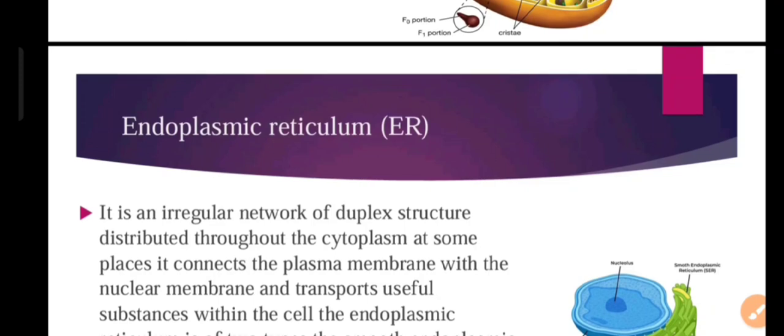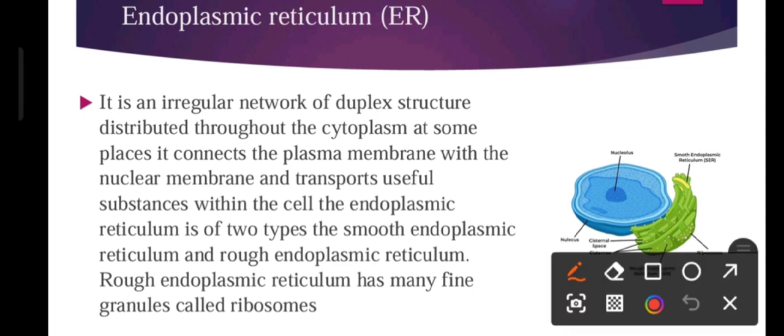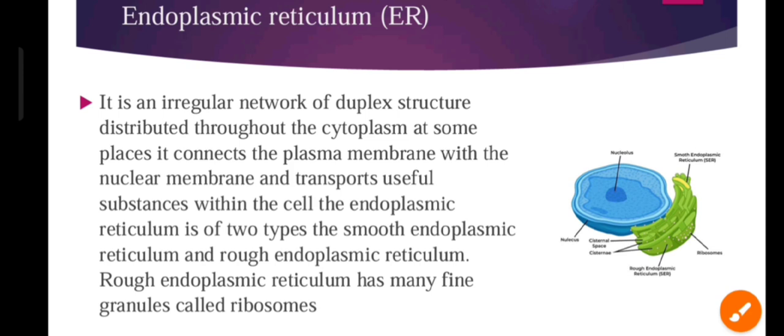And then coming to the endoplasmic reticulum, it is an irregular network of duplex structure. See, this is the endoplasmic reticulum structure. We can see this endoplasmic reticulum near the nucleus. It is an irregular network of duplex structure distributed throughout the cytoplasm.